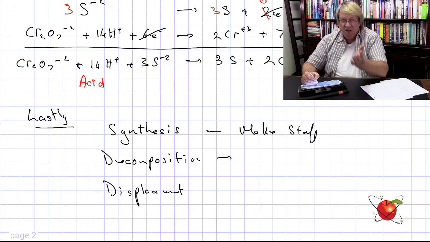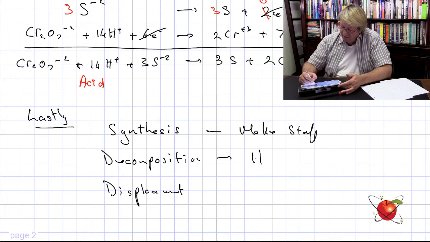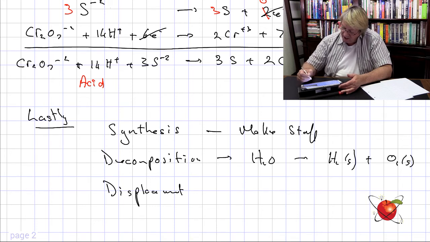Decomposition would be, for example, water going down to H2 gas and O2 gas. In other words, 2H2O, I'm going to have to put a 2 over there and a 2 over there. You can see what's happening. Water's being broken down. Decomposition, breaking it down. In other words, an ore, breaking it down. If you remember the stoichiometry that we did, percentage yields, that's what comes out of it.